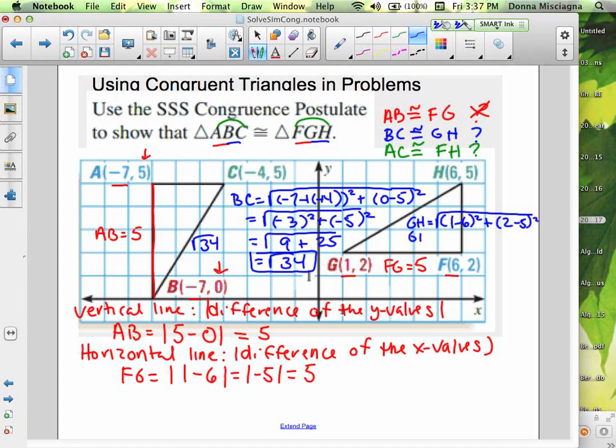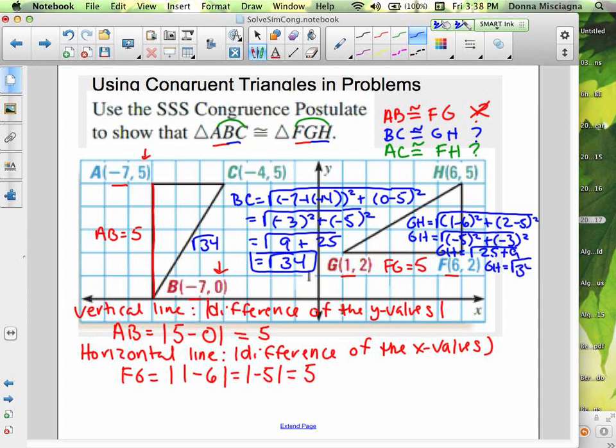And that's going to give us negative 5 squared plus negative 3 squared, which is 25 plus 9, which is the square root of 34. So those two are the same.